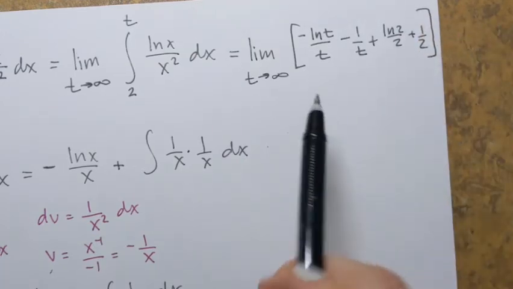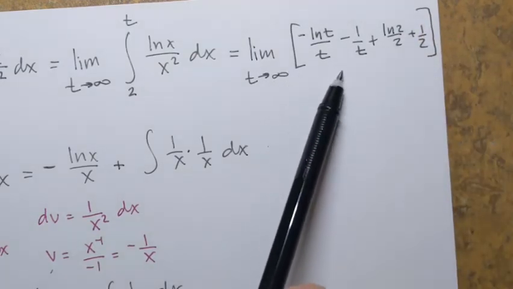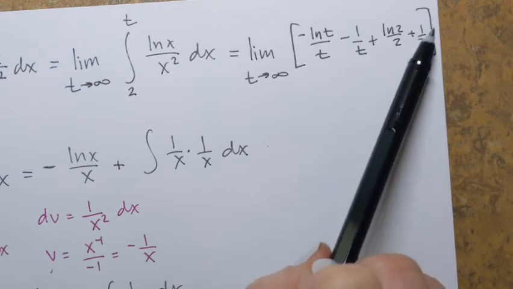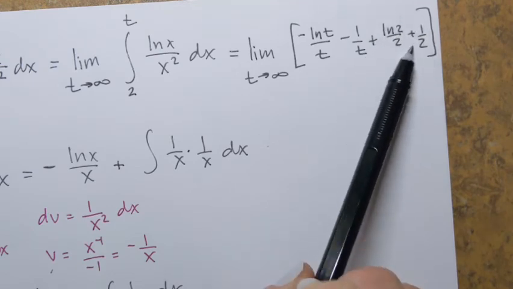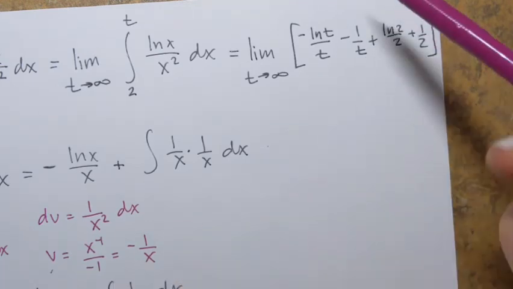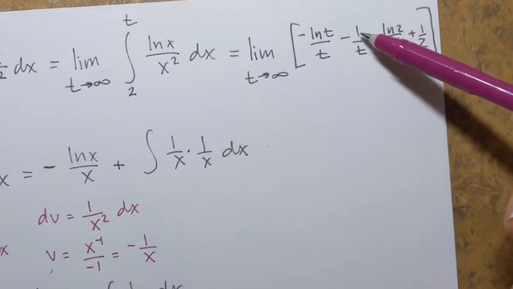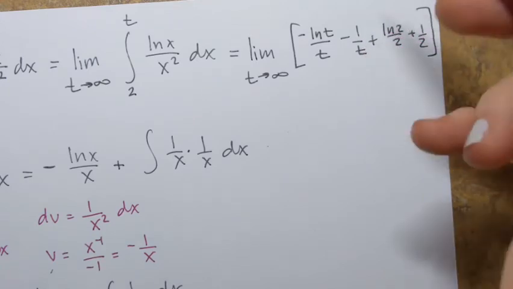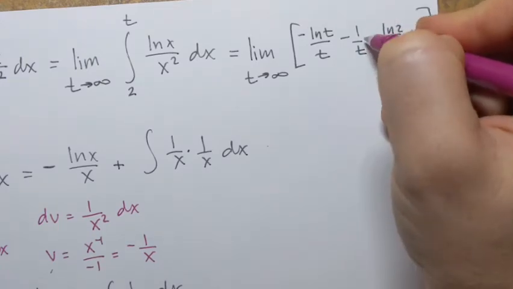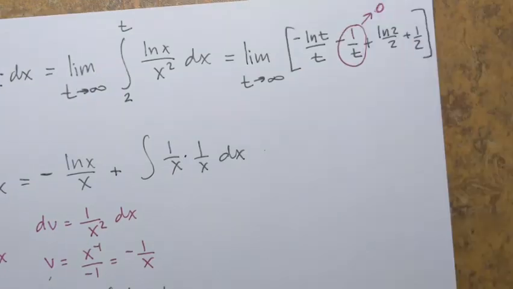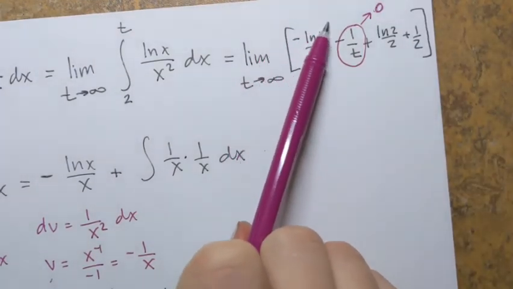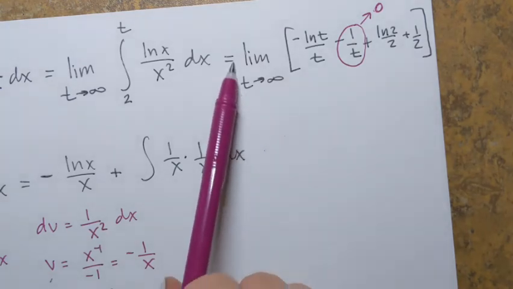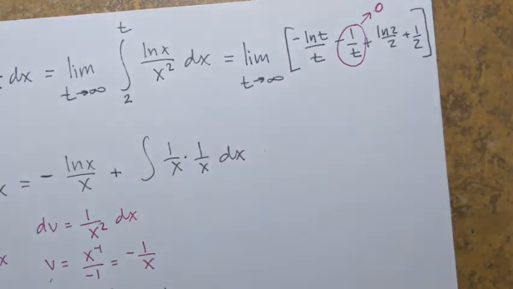Okay, so now we have to find the limit. Now those two are the constants, right? They're just going to stay as they are. This part, as I apply the limit, will approach 0 as t approaches infinity. Now, how about this part? I think I will have to work it out on the side.